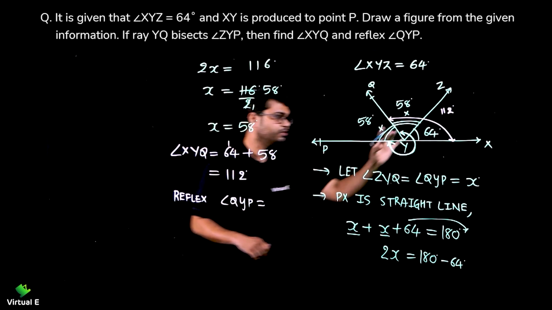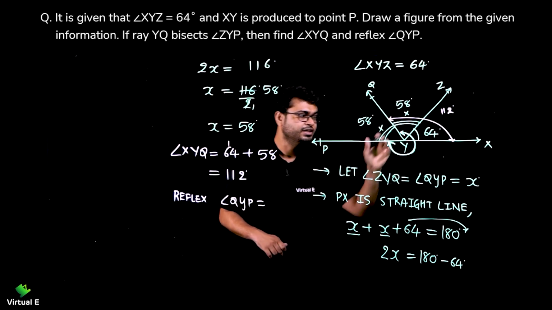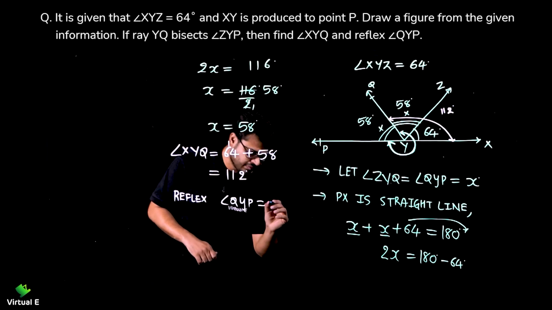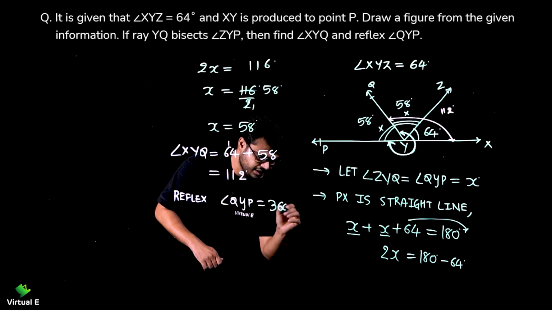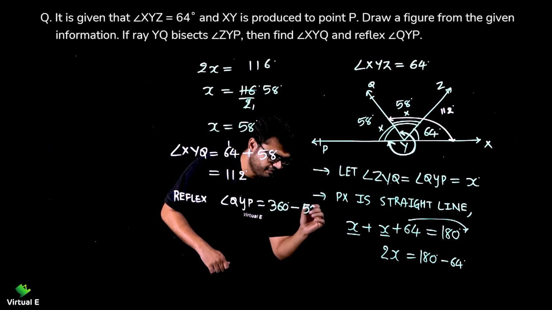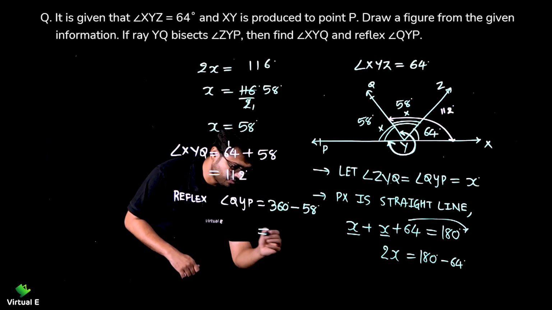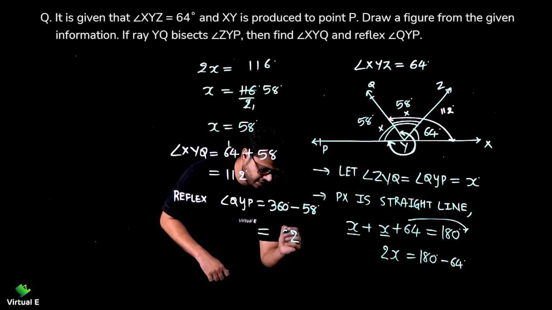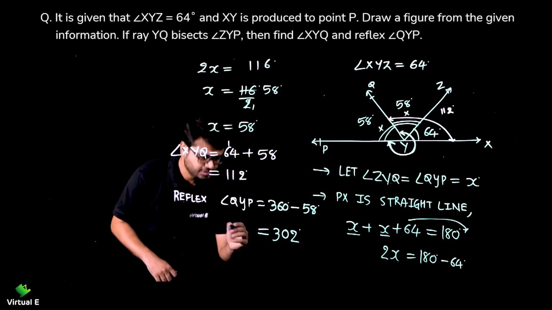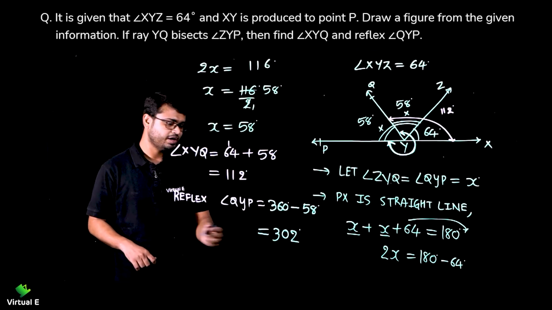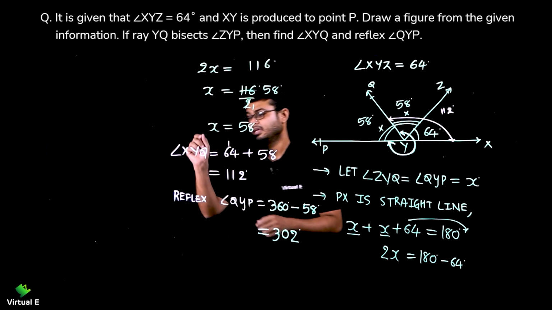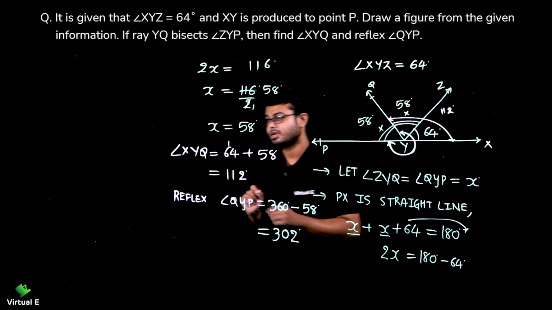Out of that, we need to remove what? Only 58 degrees. So whatever is left, that will be the reflex angle. So let's write 360 degrees minus 58. So here 10 minus 8 is 2, then 5 minus 5 is 0, and here 3. So reflex QYP is 302 degrees and the angle XYQ is 122 degrees.